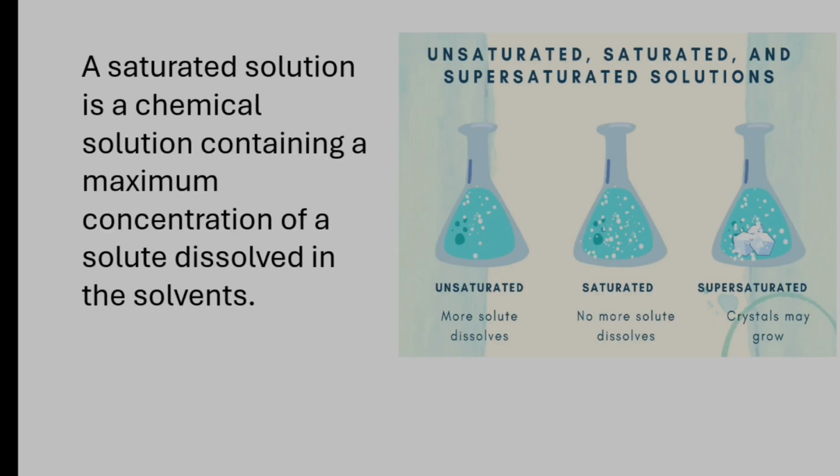It is a chemical solution containing the maximum concentration of a solute dissolved in the solvent. For example, a saturated solution of salt in water is one in which no more salt can be dissolved. The added salt will just settle down at the bottom of the vessel. So it is called a saturated solution.